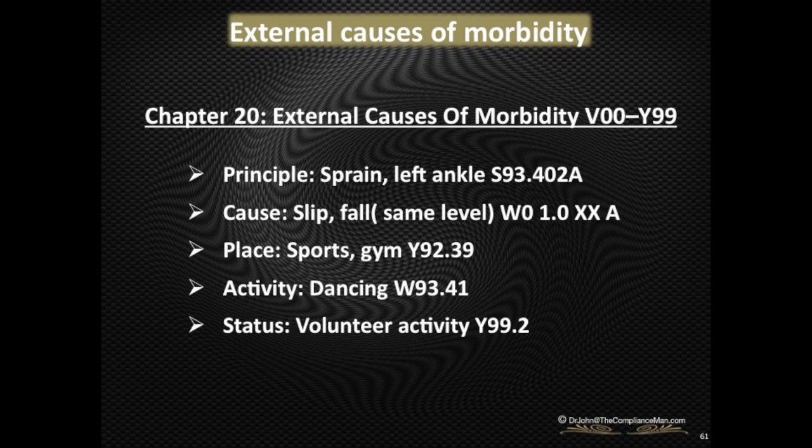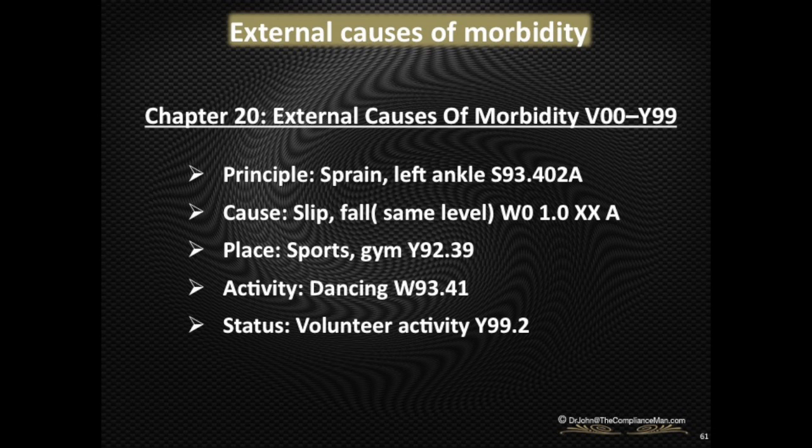So in this case, using the codes from Chapter 20, you would first use the diagnosis, which is the sprain strain of the left ankle. And if you see there, S93.402, the 2 means left. And because it was an injury, you'd want to use the 7th extension character as an A for chiropractors.